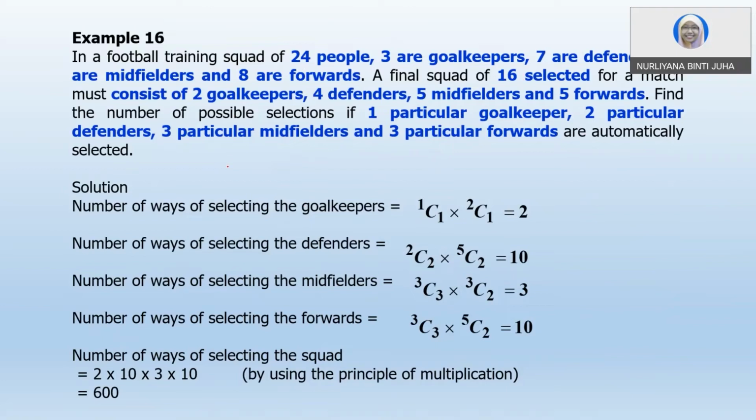So the number of ways of selecting the goalkeepers. So goalkeepers, 1 choose 1, since it says one. This is the one goalkeeper already fixed. So 1 choose 1. And then you multiply with 2 choose 1. Why 2 choose 1? See over here.